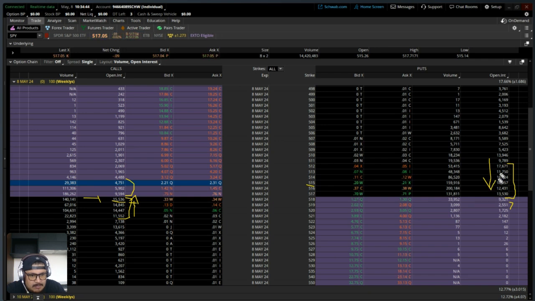So you can see at 517, we have this 13. So the market makers want all this premium to expire worthless right here. So this is where they want the price to get above, this 517, in order for the premium to expire worthless by the end of the day of the expiration today, right? Now, if we compare these side by side, these people here on the put side want it to be above 517.